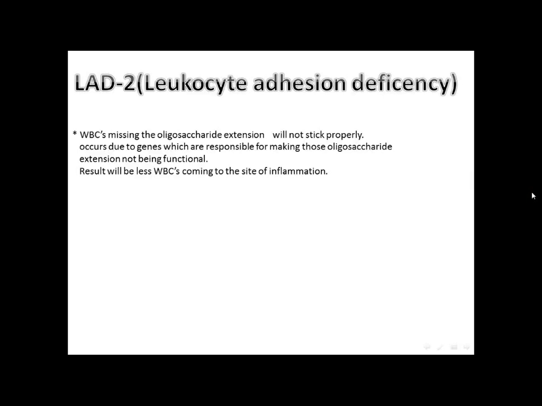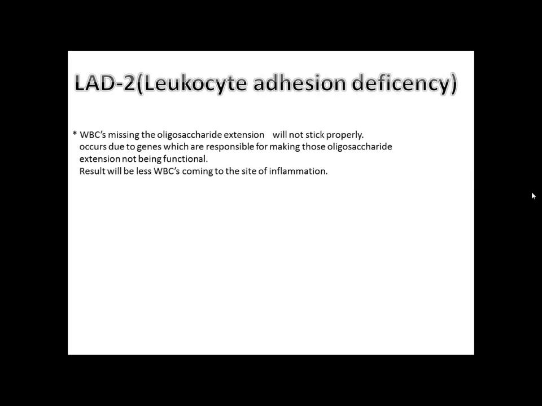Before we finish, I want to clinically correlate some conditions with inflammation. So first one is LAD2, which is leukocyte adhesion deficiency. In this condition, the white blood cells are missing the oligosaccharide extension.